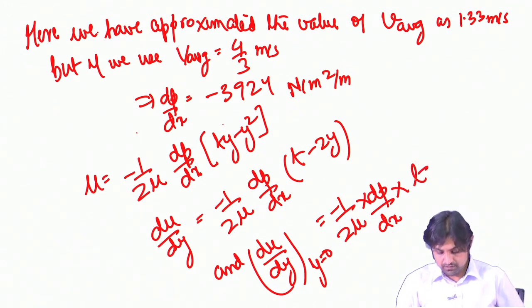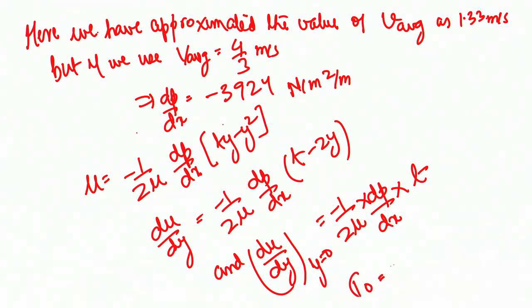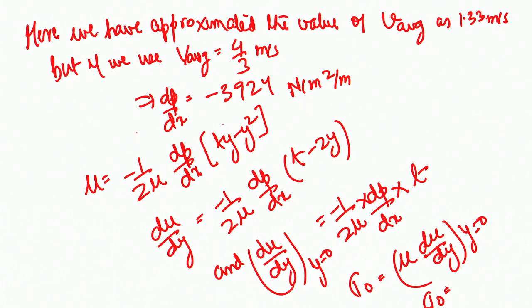All right. Tau naught at the wall is going to be mu du by dy at y is equal to 0. This tau naught I will solve on the next sheet.